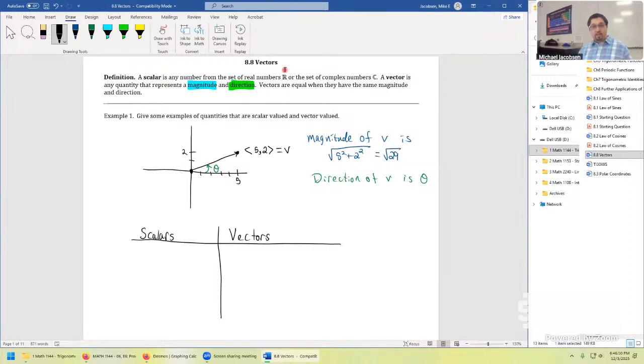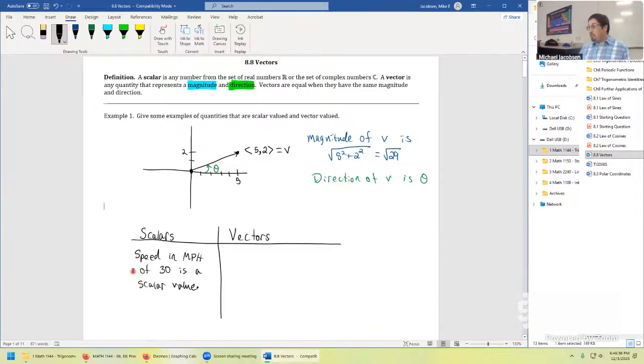If you're driving anywhere tonight or recently, the speed in, say, miles per hour, of 30 is a scalar value. So your speedometer is only giving out a scalar value to represent your motion.